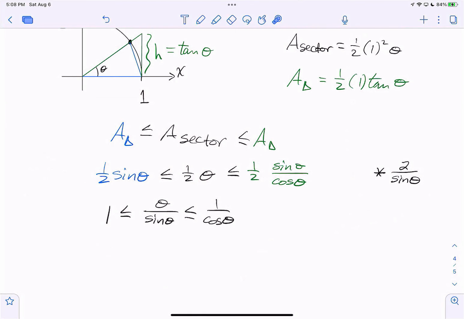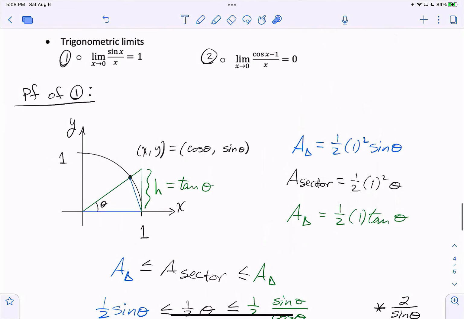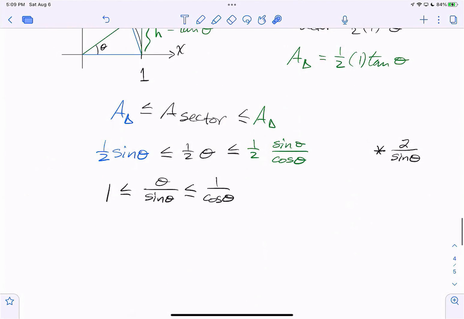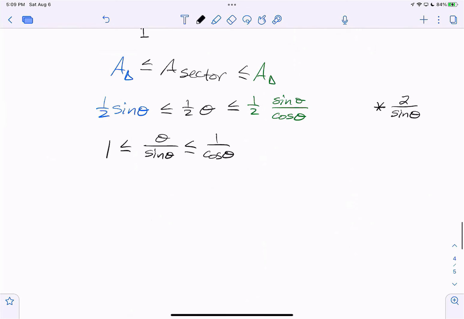At this point, I'm going to remind you what it is that we're doing. We're finding a limit of something that looks like sine of x over x. Here I have theta over the sine of theta, so I can take a reciprocal and get something that looks like what we're after, right? So if I take a reciprocal, I end up with sine of theta over theta in the middle of the inequality.